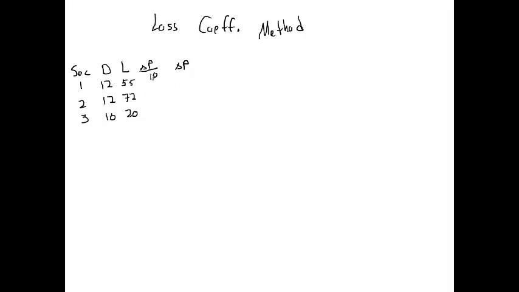This would be like what we did in the prior slide for this problem in the equivalent loss method. According to figure 1221, I can pull the same loss per 100 feet as I did in the prior slide, knowing the diameter and knowing the flow rate.